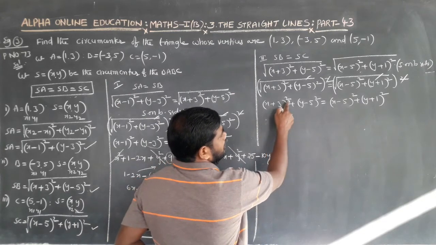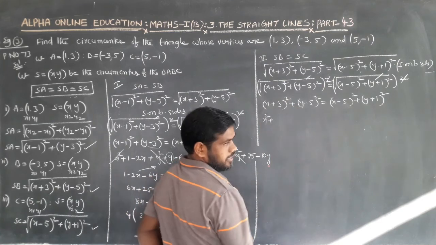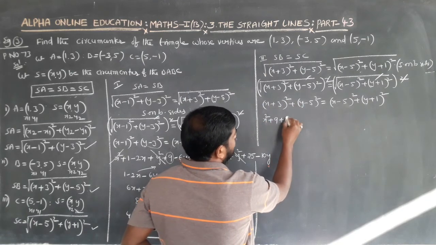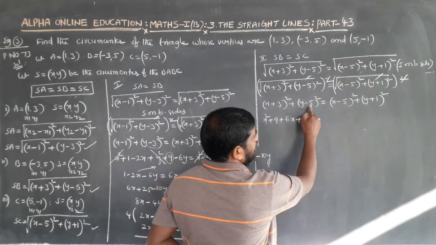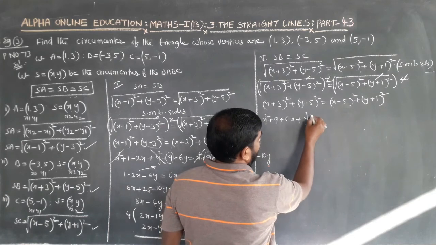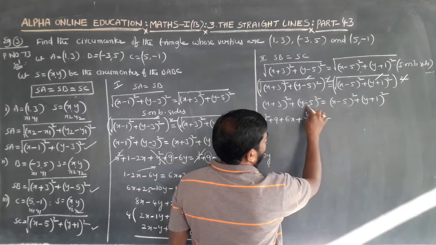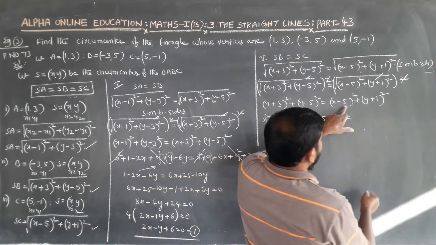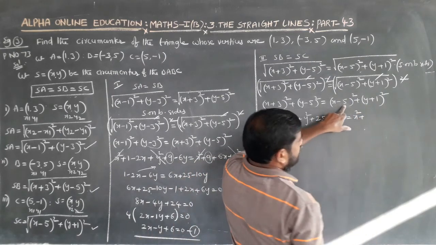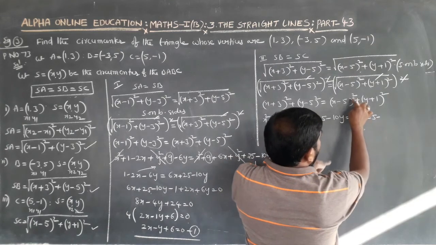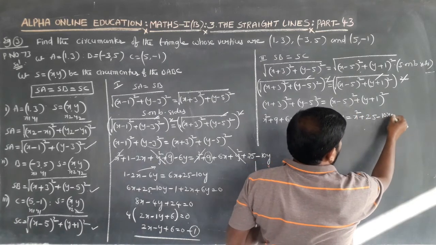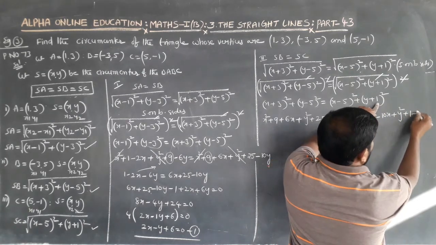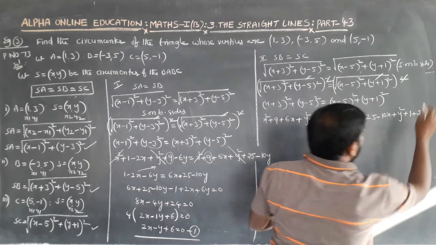Simplifying: (a plus b) whole square = a square x square + b square, 3 square = 9, plus 2ab, 2 into 3 is 6, into x is 6x, plus (a minus b) whole square = a square y square + b square, 5 square = 25, minus 2ab, 2 5s are 10 into y is 10y, is equal to (a minus b) whole square = x square + 5 square = 25, minus 2ab, 2 5s are 10 into x is 10x, plus (a plus b) whole square = y square + 1 square = 1, plus 2ab, 2 into 1 into y is 2y.